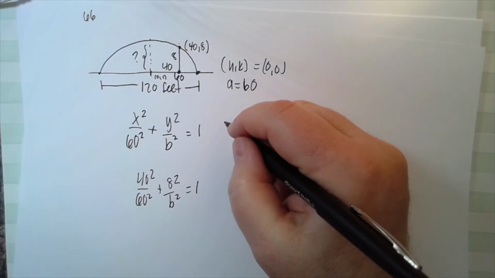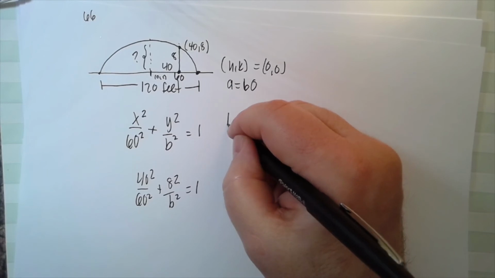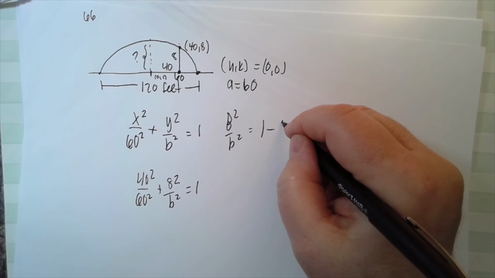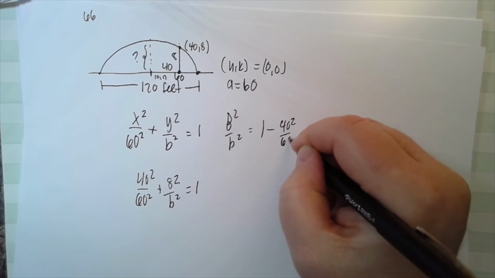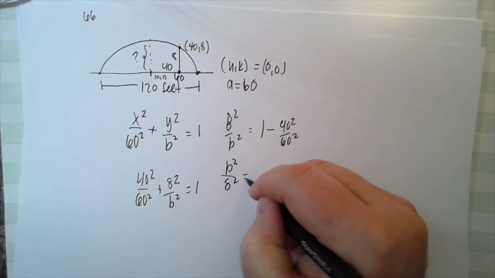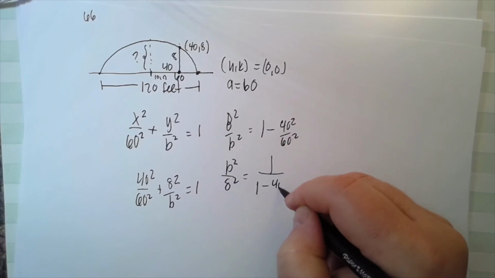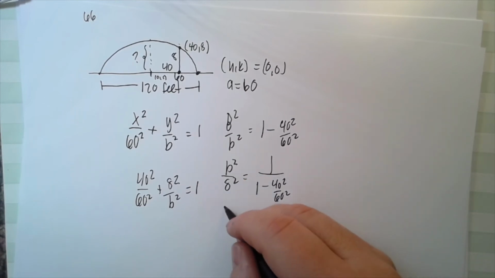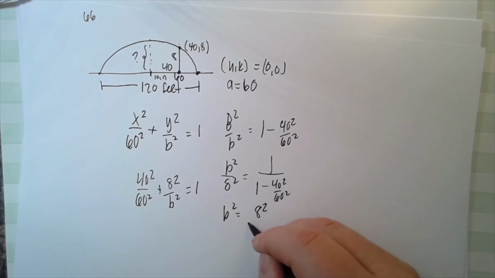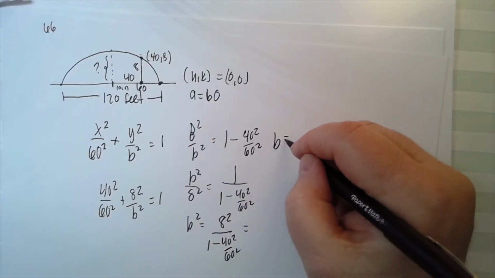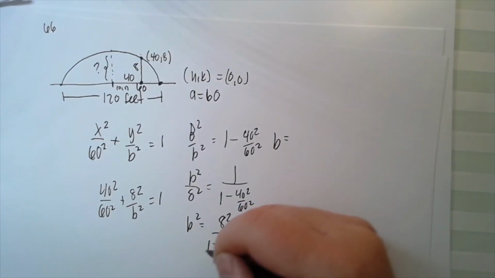So I would get 8 squared over b squared is equal to 1 minus 40 squared over 60 squared, and then take the reciprocal of both sides. So I'd get 1 over this, and then I would multiply over by 8. So I'd get b squared is equal to 8 squared over 1 minus 40 squared over 60 squared, which I suppose I could simplify before I stick it in my calculator, getting a common denominator.